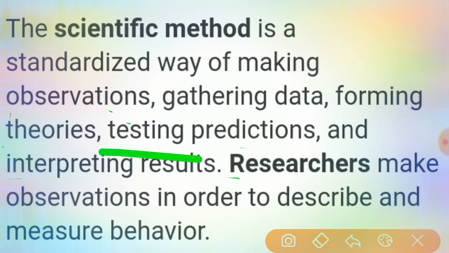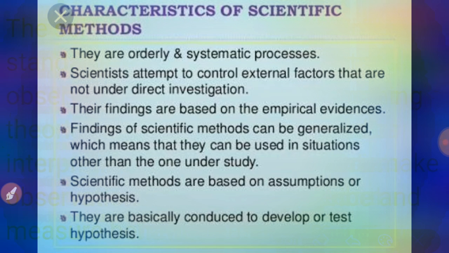Then coming to the characteristics of the scientific method. Based on the definition and the above topic we have discussed, the researcher makes observations. There are a few characteristics. The first one is that they are an orderly and systematic process.